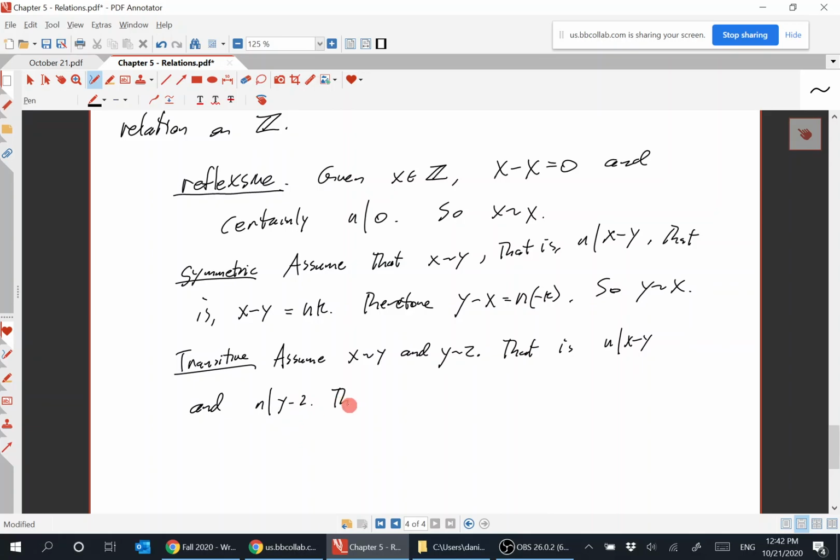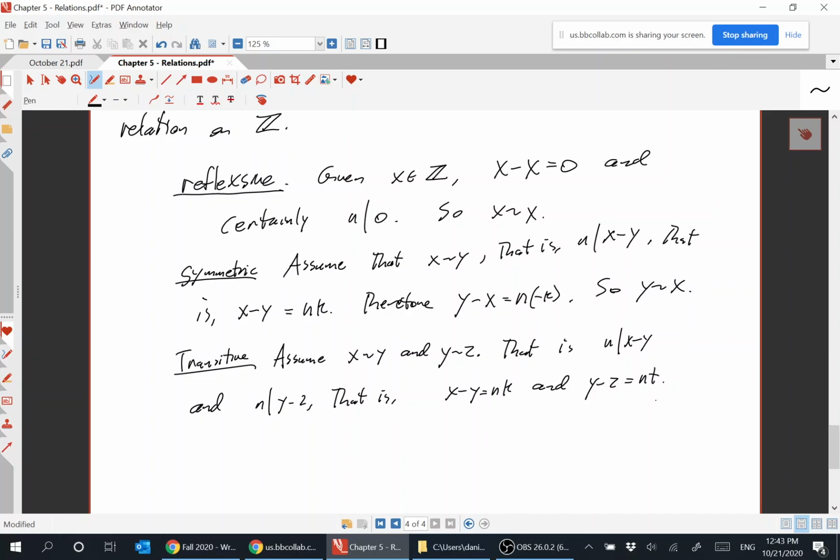That is, x minus y is equal to n times k, and y minus z is equal to what? Can't say n times k, we already used k here. N times t.